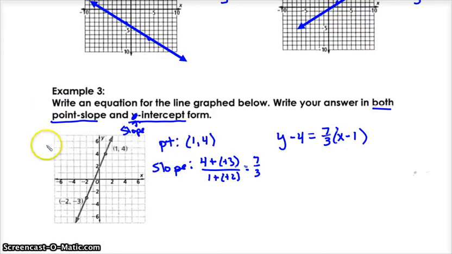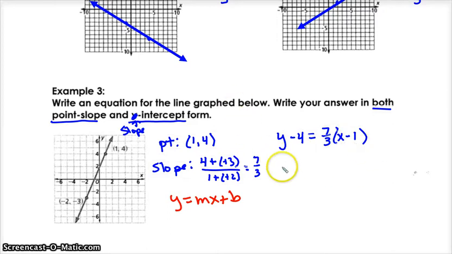All right, now to write it in slope intercept form, which you'll remember is y equals mx plus b, you'll notice that y is all by itself. There's also no parentheses. So to convert from point slope form to slope intercept form, I need to distribute my 7/3 and then move 4 to the other side.